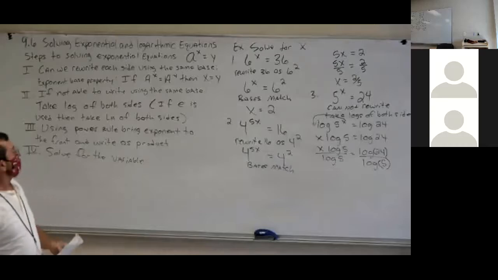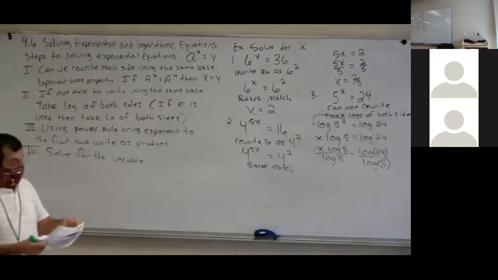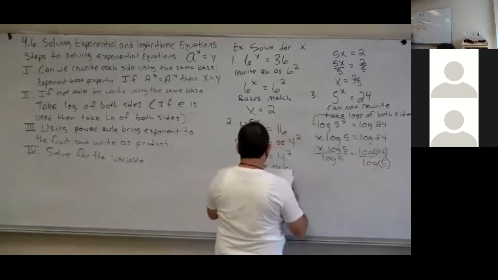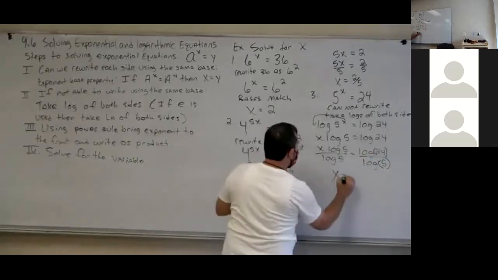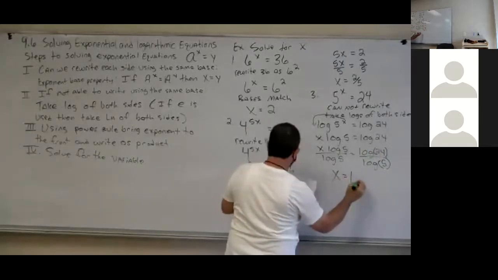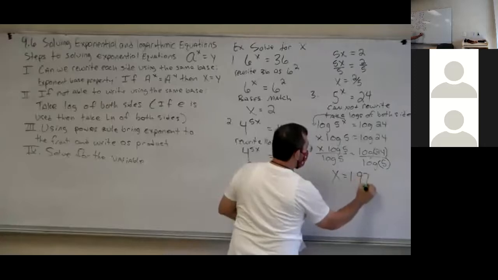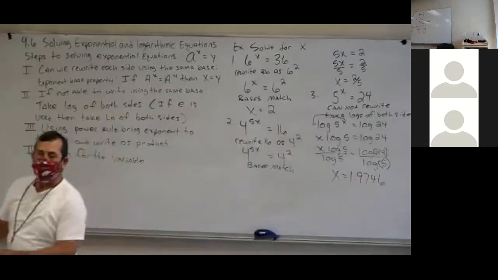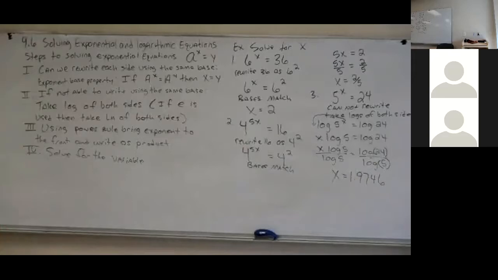Now these, we will round to 4 decimal places. So if I divide log 24 by log 5, I get x equals 1.9746. Okay.